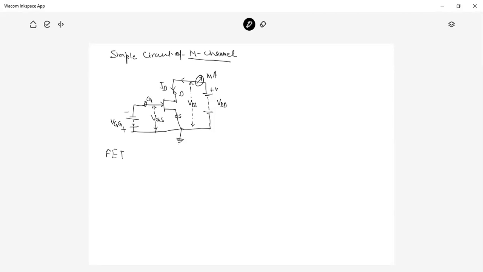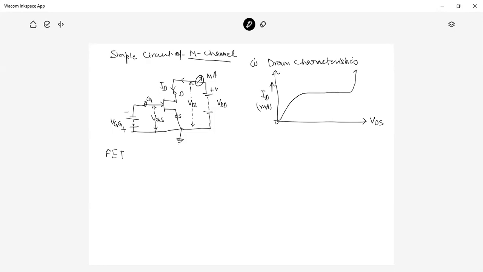FET, if you would like to draw the FET characteristic, first is the drain characteristic, that is VDS versus ID, this is milliampere, and the curve is something like this.